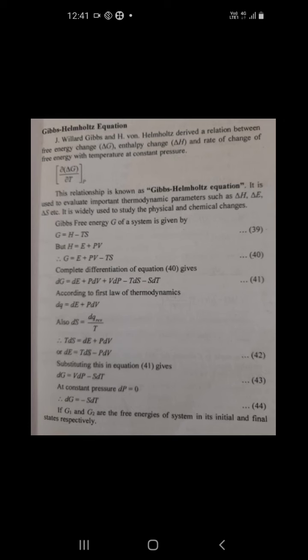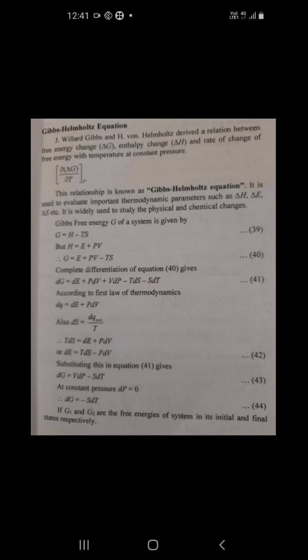G is equal to H minus TS. Remember this. But here H is equal to what? H is the enthalpy, and enthalpy is defined as what? It is the sum of internal energy and PV type of work done. That means enthalpy is the summation of internal energy and work done by the system.